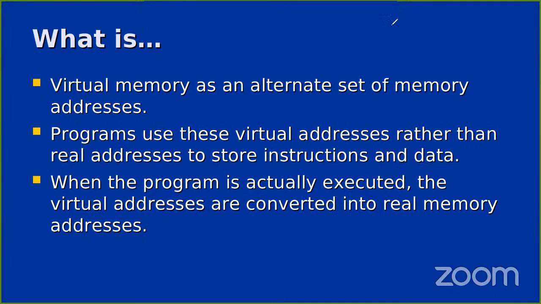It's an alternate set of addresses of memory locations. These memory locations are existing in the hard disk itself. So we make the hard disk work as a RAM, but not in a complete sense. You cannot make it actually work as a RAM, but we try to emulate the working of a RAM inside the hard disk.